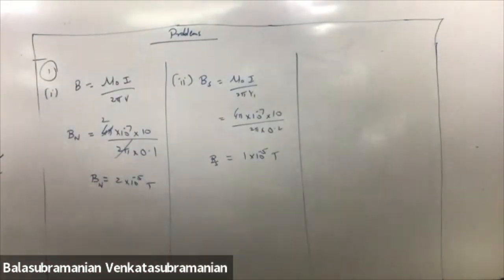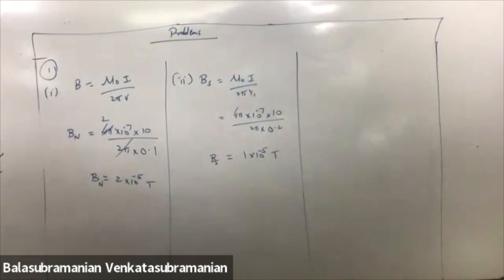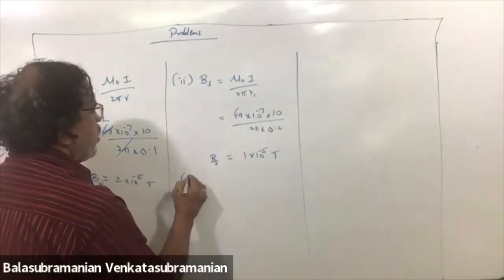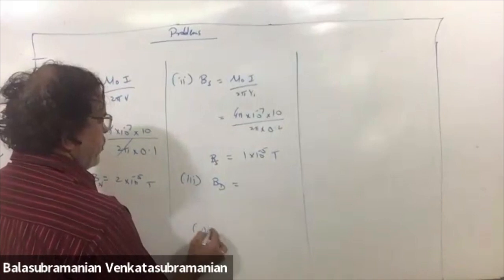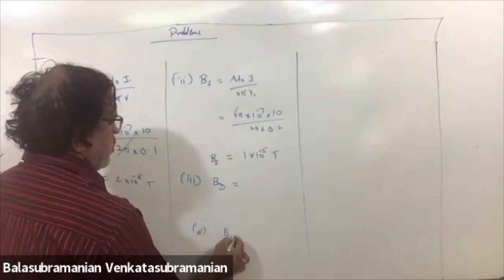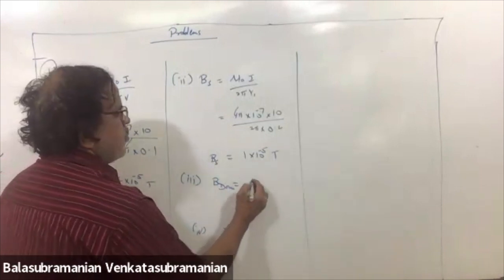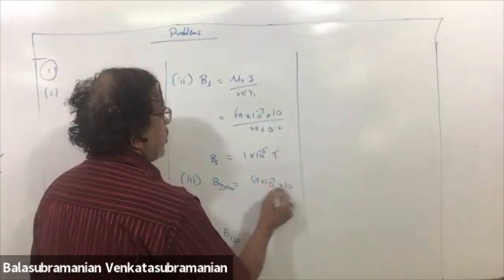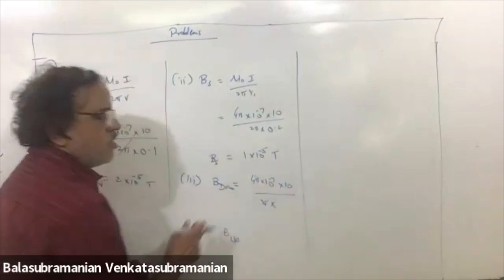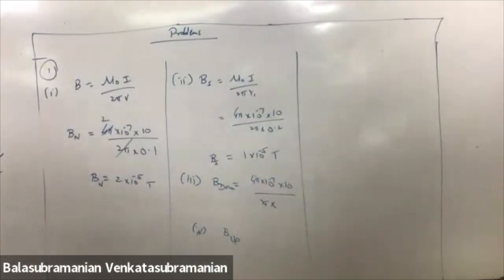Next, 40 centimeter downward and 50 centimeter upward. Same formula: mu naught I, that is 4 pi into 10 power minus 7 into 10 by 2 pi into the value given for down and up, 40 centimeter downwards and 50 centimeter upwards.